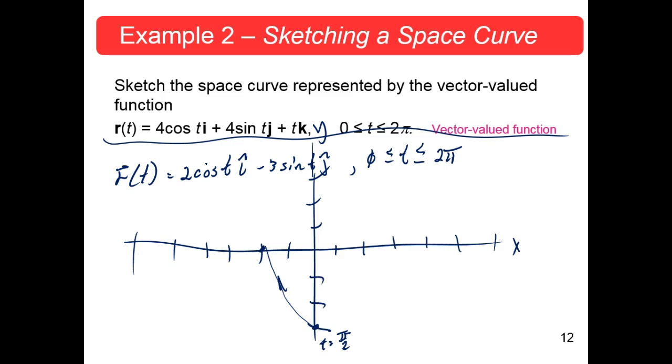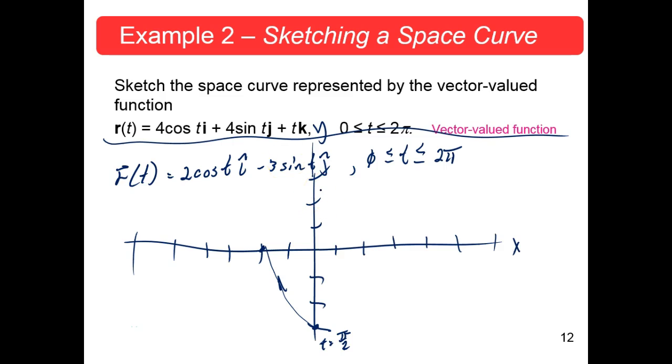So 2 times 1 is 2, so the x-coordinate is 2, and sine of 2 pi is 0.